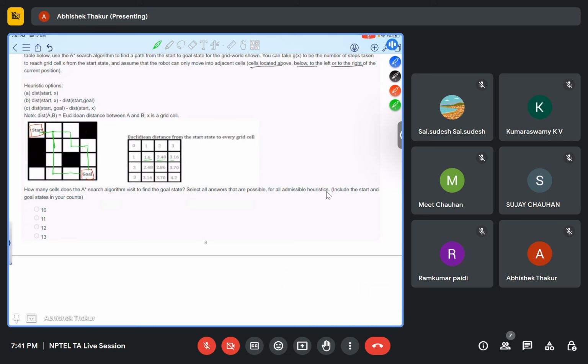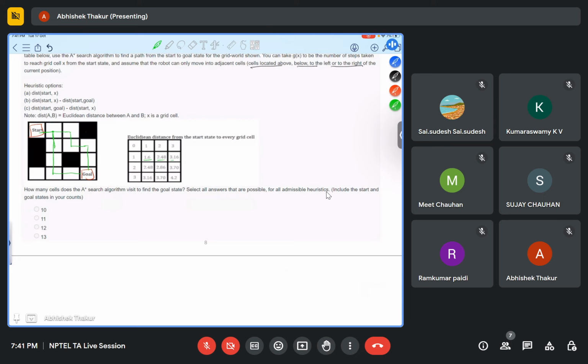So here you can see it is asking how many cells the A star search algorithm visits to find the goal state. Select all the answers that are possible for admissible heuristics. So from moving to here, how many grids will the A star algorithm search?